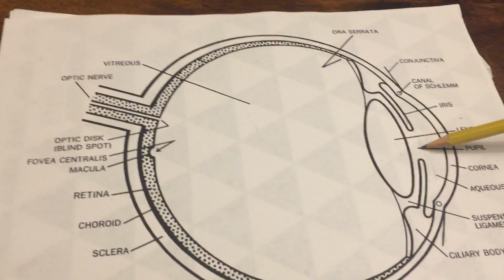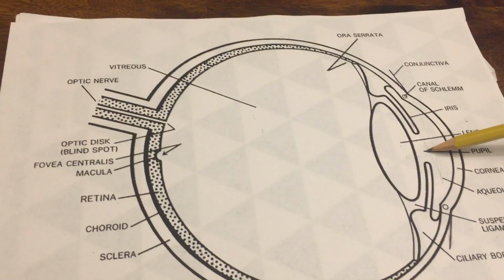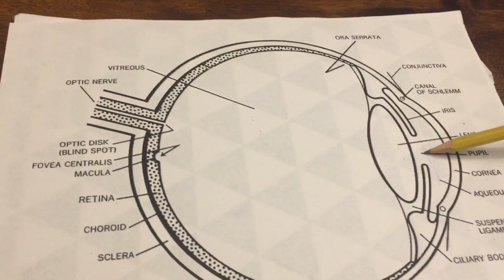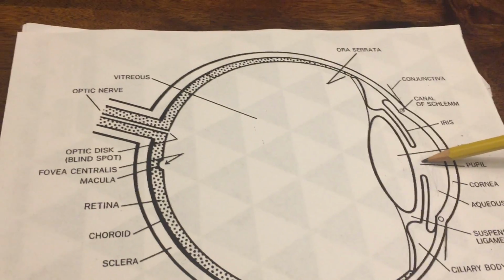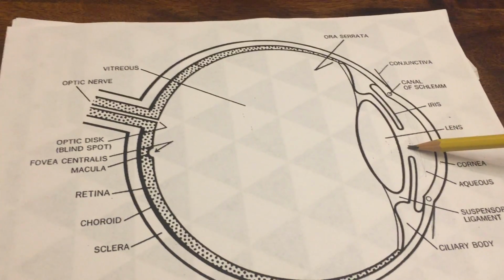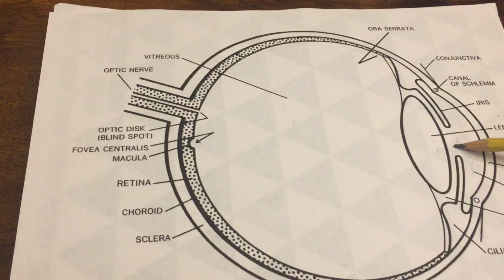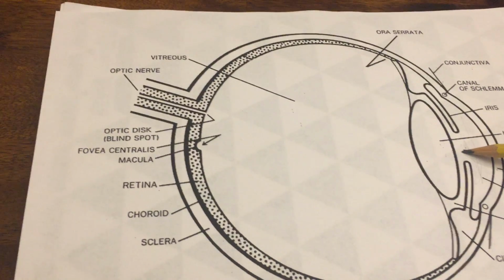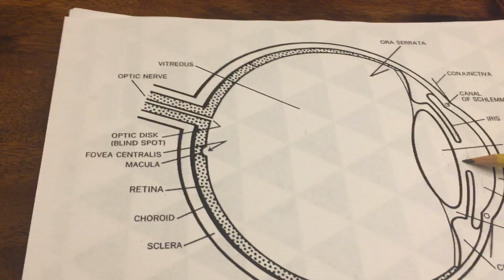So here's the pupil, and while we're there, it's a round hole that is in the center of the iris, and this is where the light passes through. So depending on how much light is passing through depends on the size of the iris, if it is larger or smaller. It also is not something that we're able to touch.